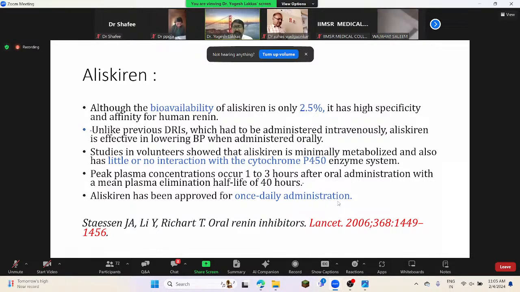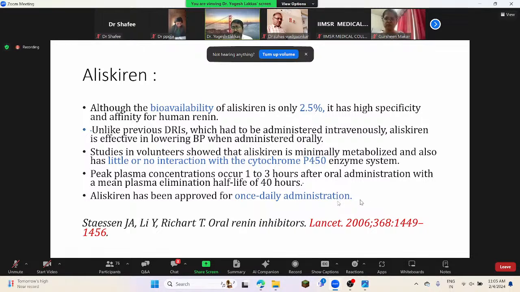And this aspect we are going into, because previous molecules like ACE inhibitors or ARBs were acting at some other level, and we are exploring various therapeutic options. What is important is that the cytochrome P450 system is not very much involved, so even with 2.5% bioavailability, it works very well. And once-daily administration is possible.